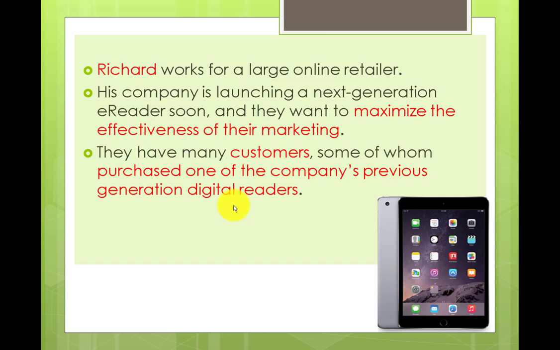He also has many customers historically that made some purchases from the company website, and those purchases relate to his previous generation of digital readers, and also more information about what they have been purchasing over time.